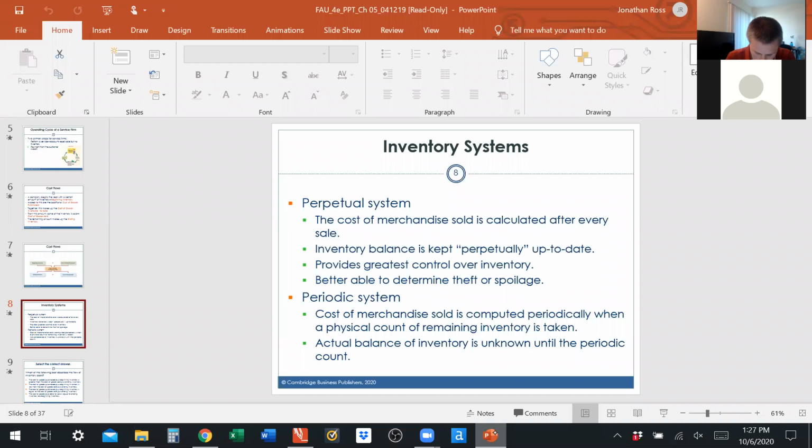A perpetual inventory system provides the greatest control over inventory, because you're better able to determine if some items of your inventory have been stolen, or if you have perishable inventory, like eggs, if they've spoiled and things of that nature. You're better able to determine if an item has been stolen if you're always computing the cost of goods sold when you sell an item.